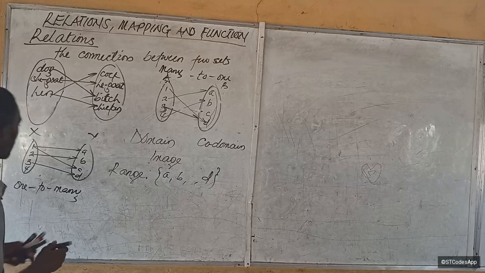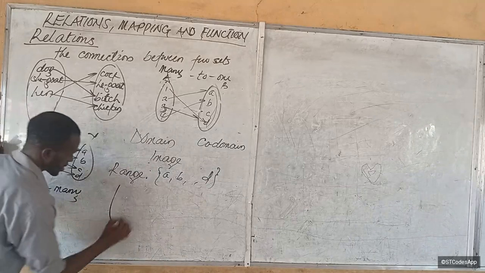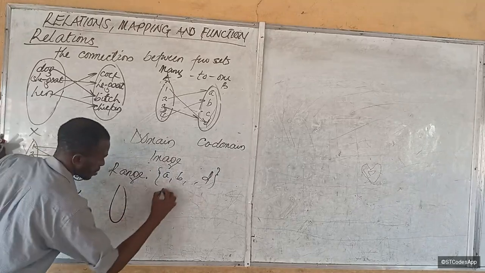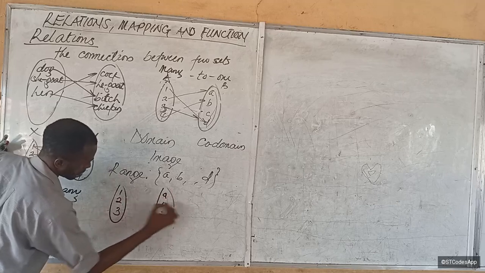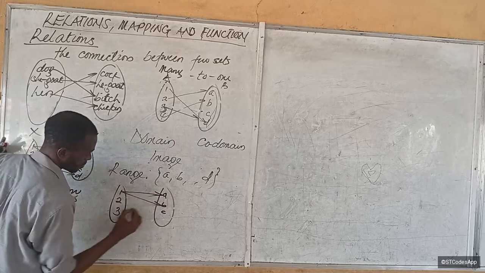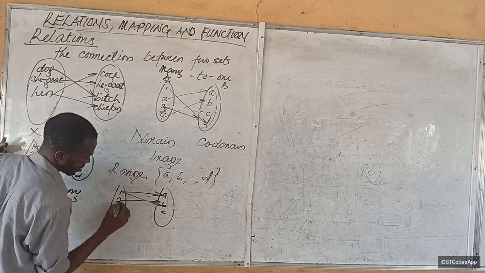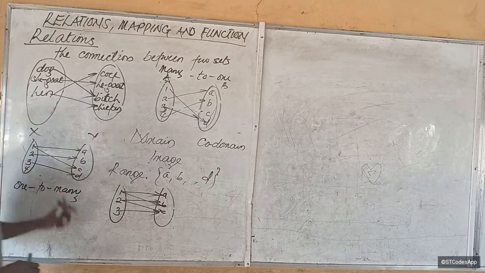Now there is also a case where we have something like this. Let's use our values 1, 2, 3, A, B, C, for example. In this case, you could have something like this, something like this, something like this. What do you think you call this?